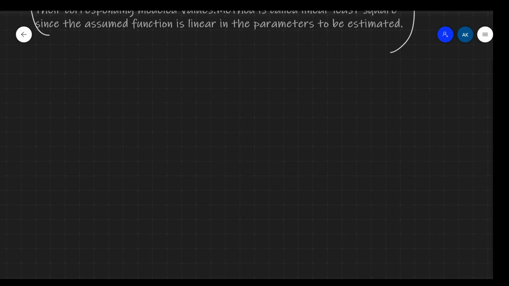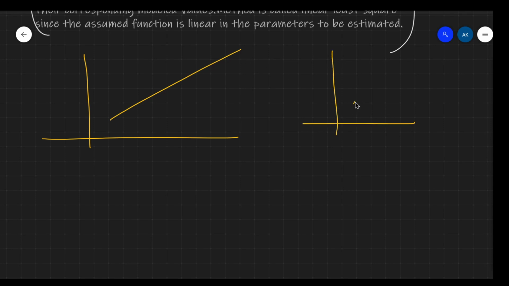Suppose you have a curve. This is your curve. Like I have made here, it is linear; it can be non-linear also. And I tell you that here is a point. So what does it mean? What is the error between this point and the curve? When I put x equal to x naught, I get y naught.